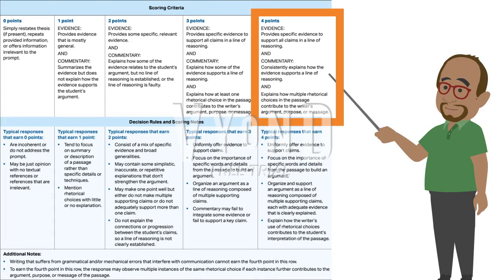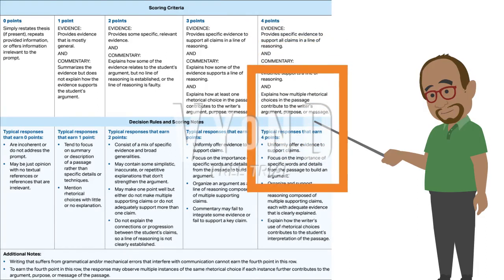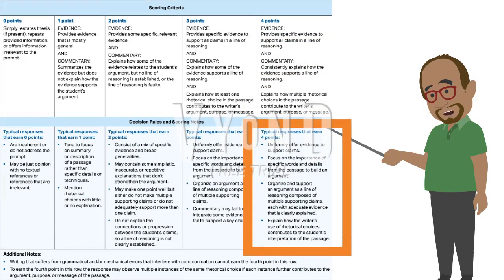Finally, to earn 4 points on the Q2 rubric, the student will provide specific evidence to support all claims in a line of reasoning, consistently explain how the evidence supports the claims, and explain how multiple rhetorical choices in the passage contribute to the author's overall purpose or message. The goal here is to offer both evidence and commentary or analysis that are uniform, consistent, and adequate.